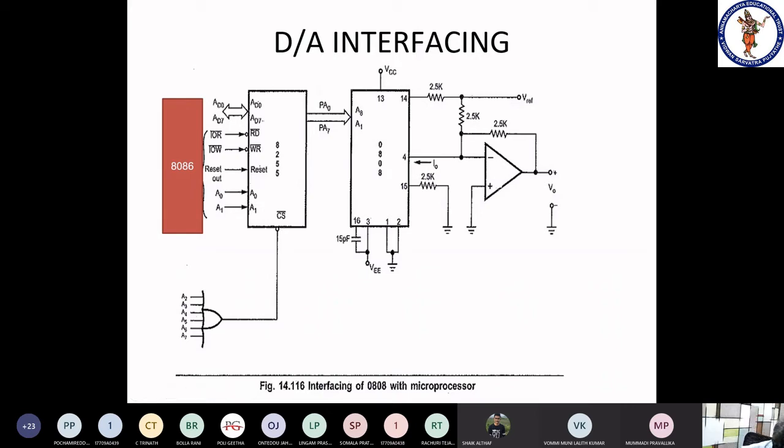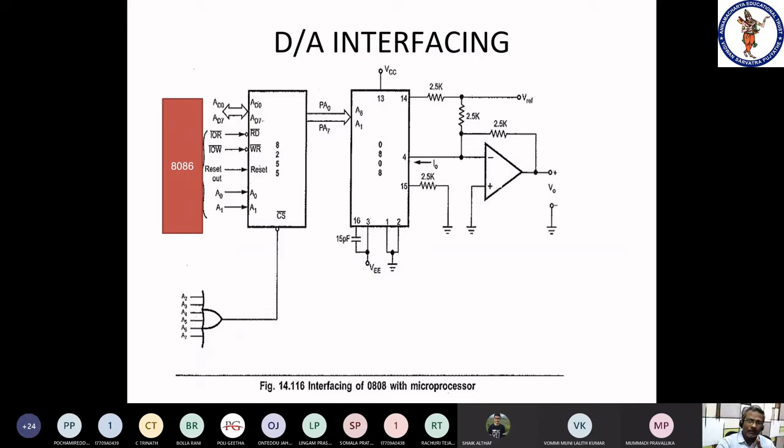The information is 8-bit data, so only one port is sufficient. The 8255 has 3 ports: port A, port B, and port C. Among the 3, you can choose any port to transfer the data. That is the first point: one port is sufficient.